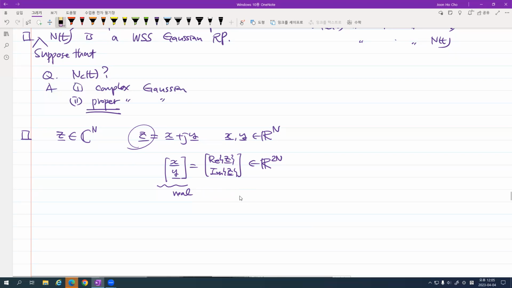It's not a standardized term, but real composite vector. So you can think of a real composite vector that is equivalent to a complex vector.